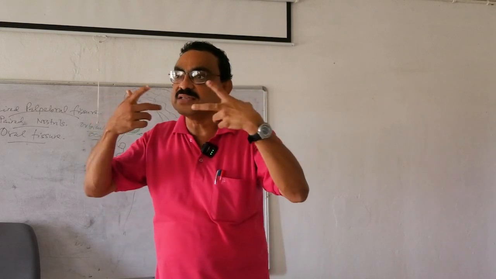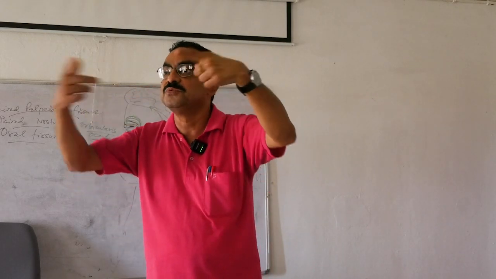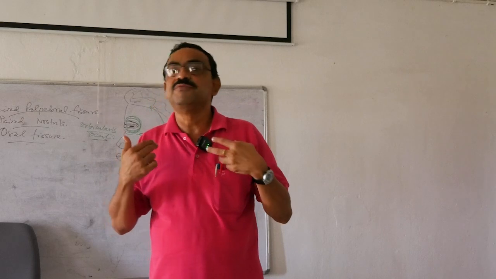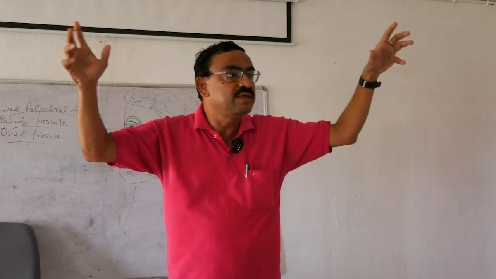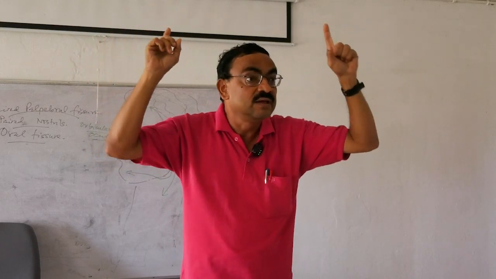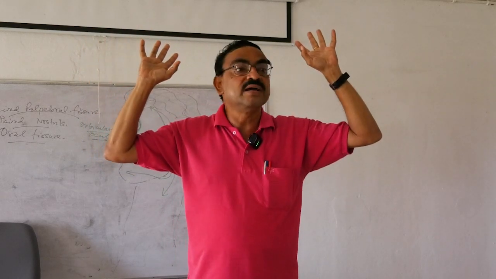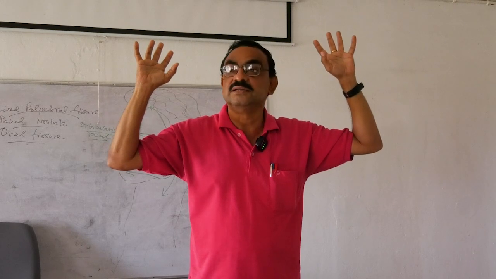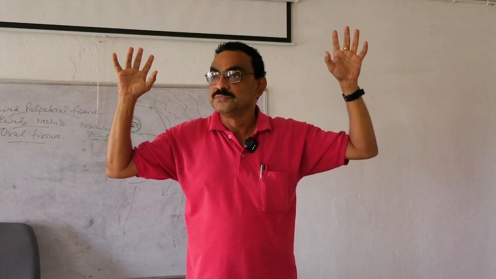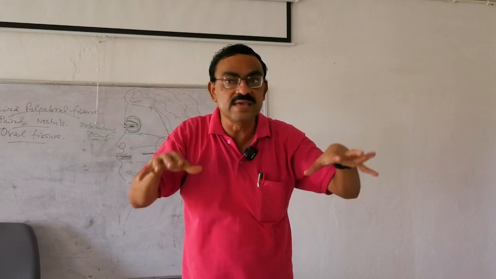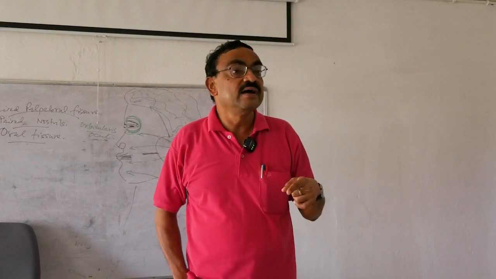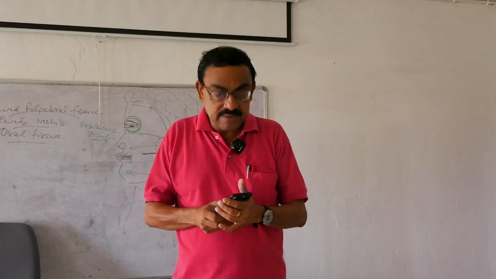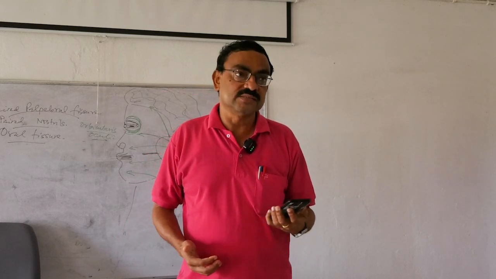There is a communication from the facial vein with the inner veins and cranial veins. In the cranium, there are very important veins like the cavernous venous sinus. We can see that area when we dissect. This is the base of the brain where we will get the cavernous sinus.